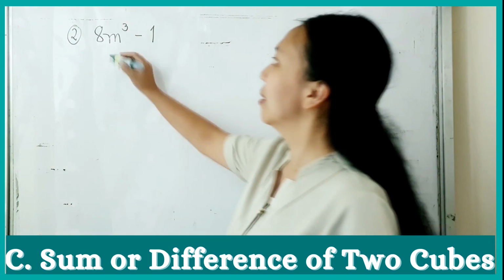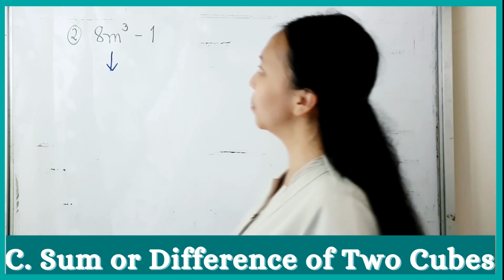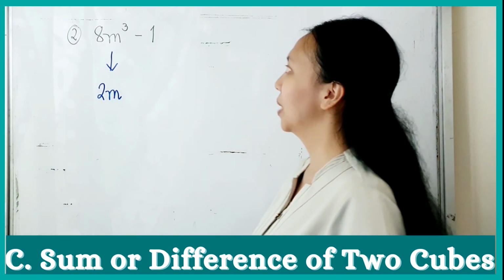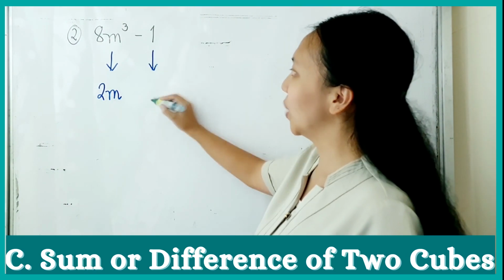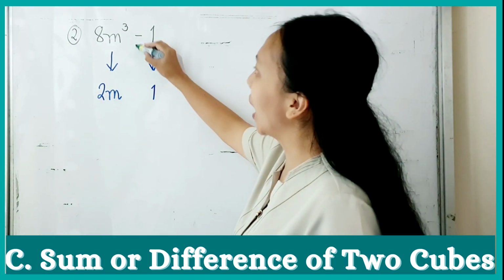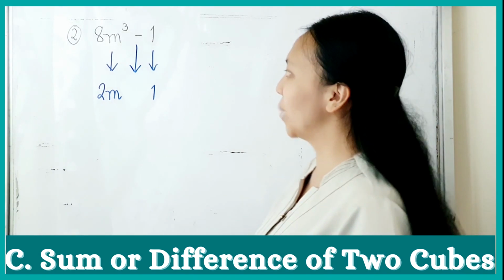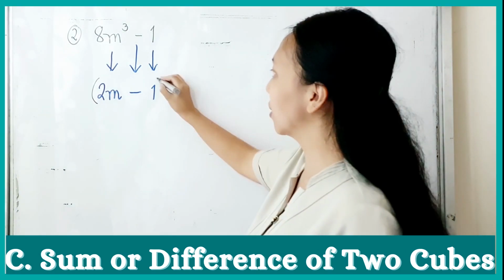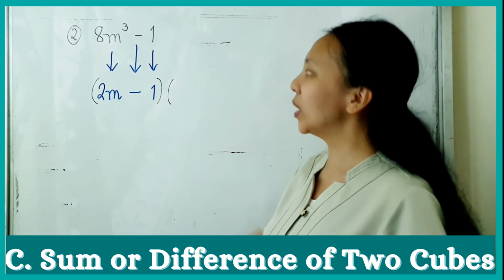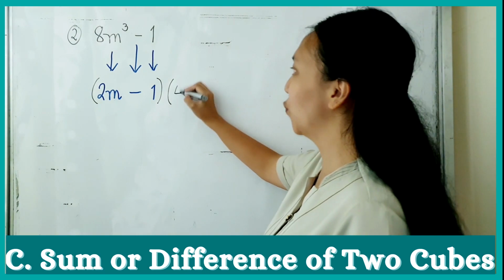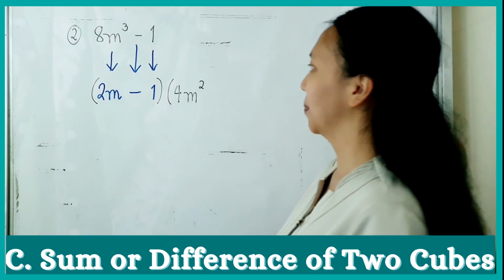Let's have the cube root of 8m cubed, which is 2m. The cube root of 1, which is 1. We follow the sign in the original binomial. So we have here the minus sign. For the second factor, which is a trinomial, we square 2m. The square of 2m is 4m squared.